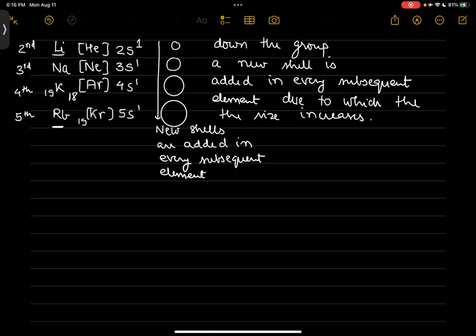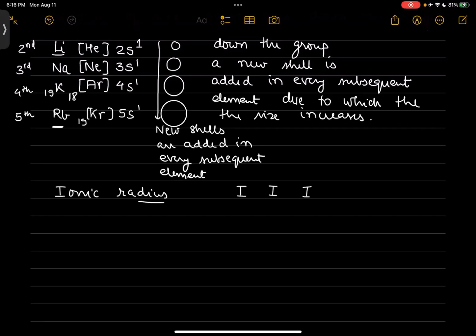How does the size of ions vary? Ionic radius. Suppose iodine is there, and I can add electrons to it, and I can remove electrons from it.